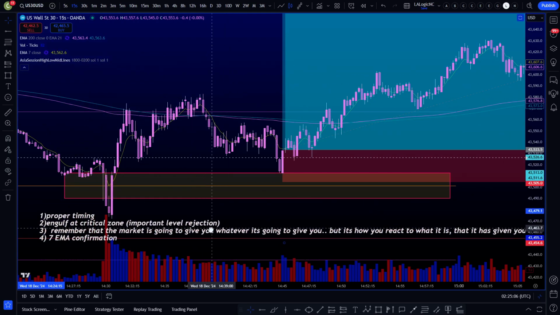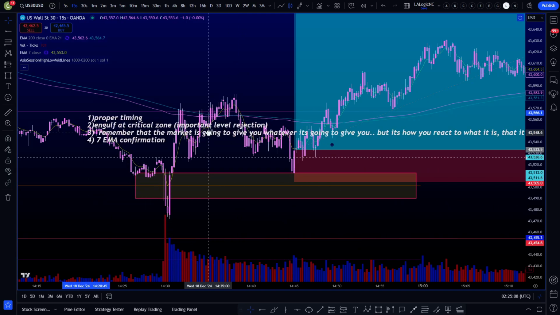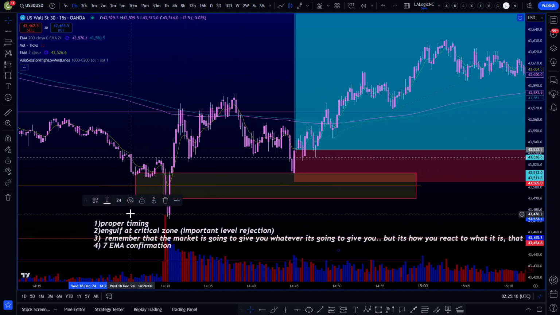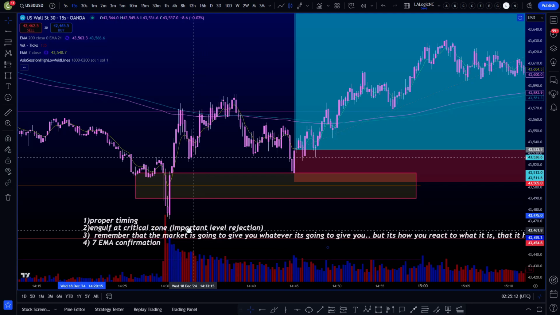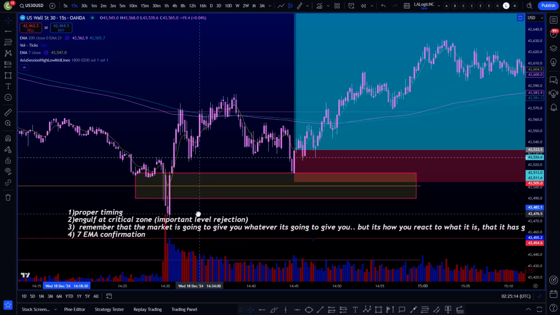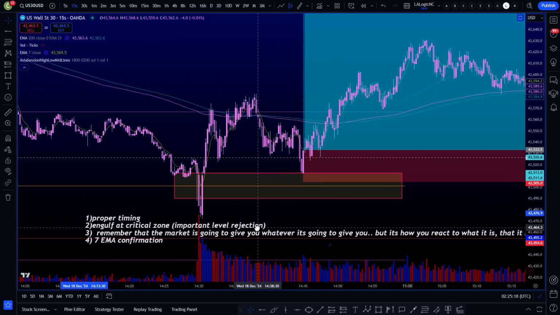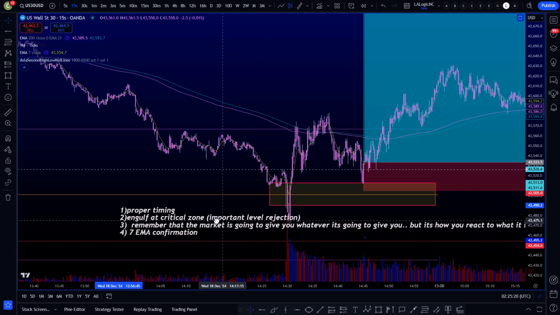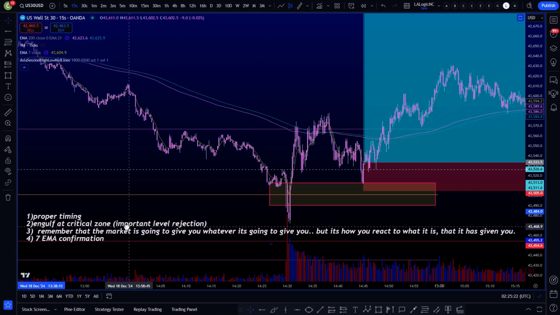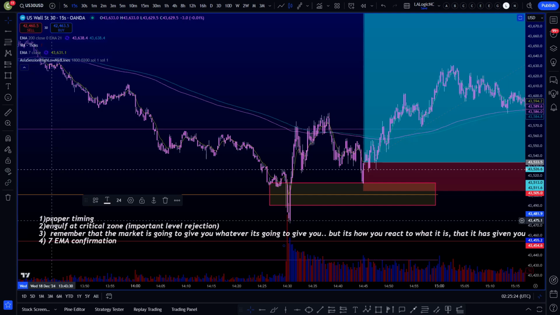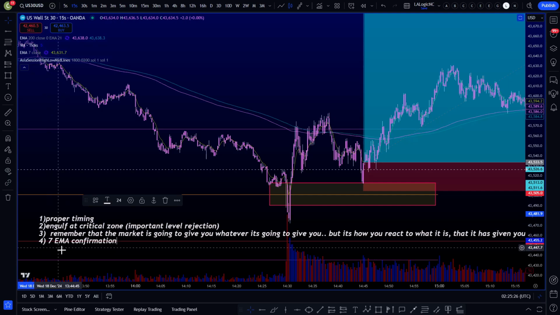So at the end, you have all this to make of it whatever, but can you at least get two of these confirmations to implement into your scalping decisions, into your scalping plan? Sometimes this is all you really need: one, the proper timing, that you're trading at a proper time, and two, an engulfing at a critical zone, an important level or rejection zone.